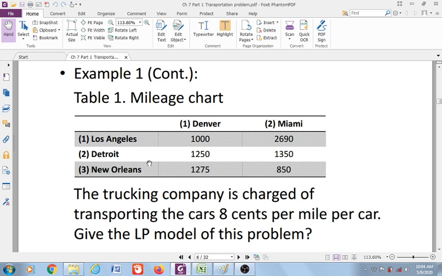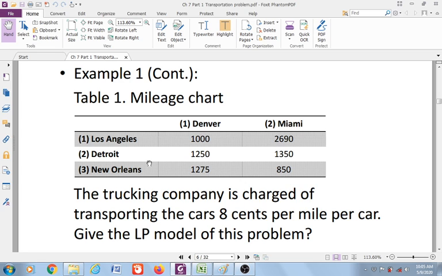However, before we develop the model, see that we have the cost data. The cost data is in cents per mile per car, but our decision variable is in cars. So we have the distance data right here.